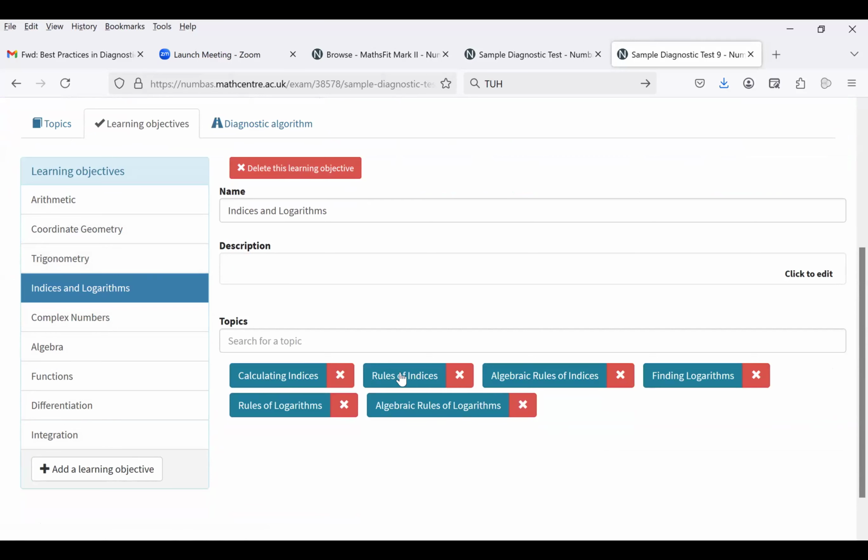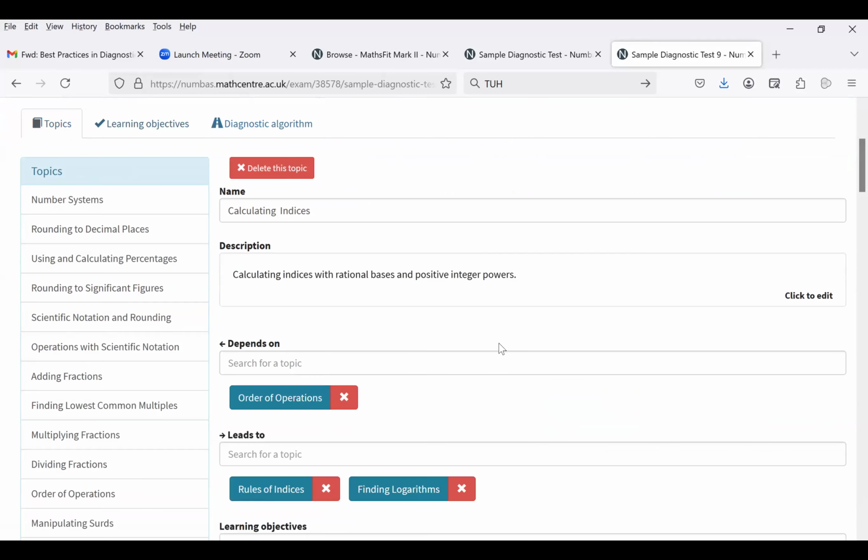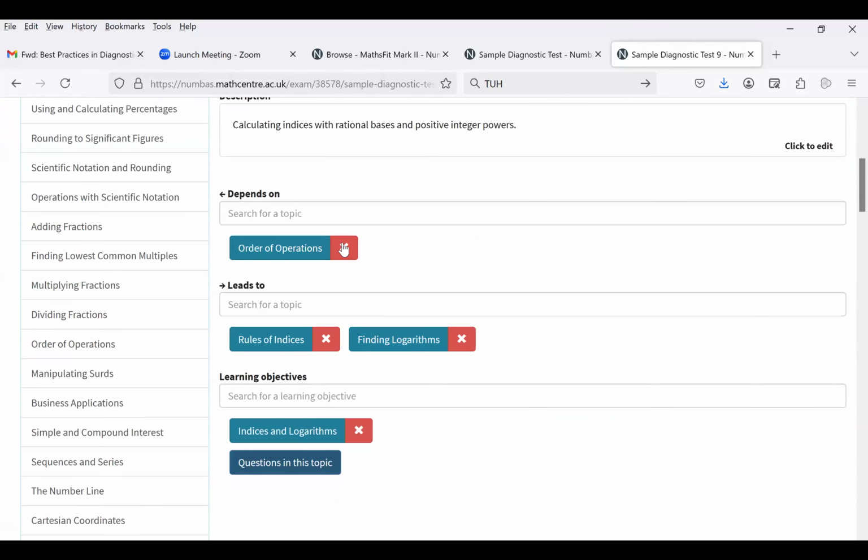Within each learning objective, we have various topics. Some topics might only have 1 question, some might have 2 or 3 questions. You just click into the topics, and for each topic you have what it depends on and what it leads to.